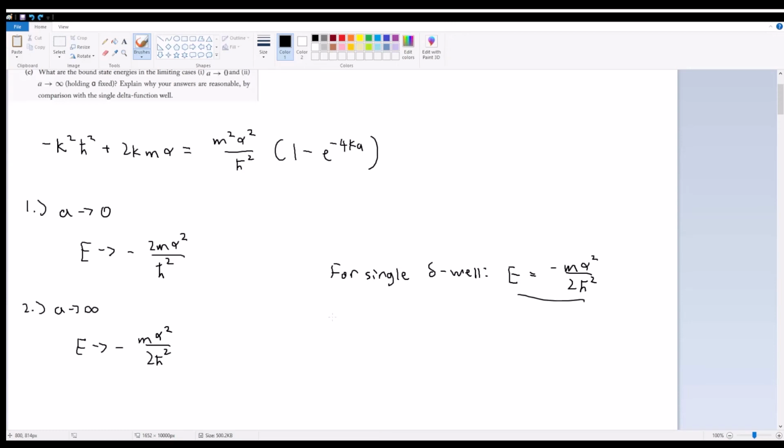So in that way, the fact that all three of these cases have energies that are basically whole number multiples of each other is very encouraging, because that implies that they're related to each other. And if we think about it physically, these two both represent just two single delta wells.